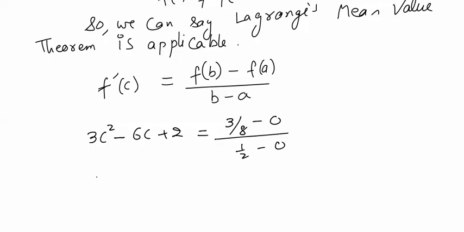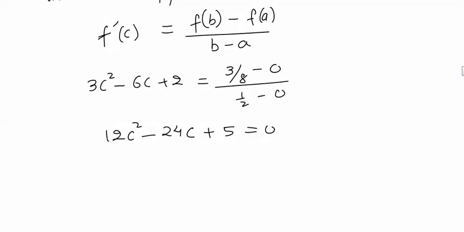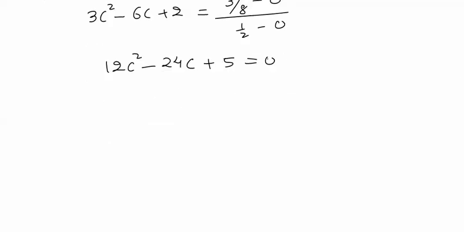Now this will form a quadratic. If you cross multiply and solve it, you'll get 12c square minus 24c plus 5 equal to 0. Now can you split the middle term and solve? Yes guys, you know how to solve a quadratic, splitting the middle term.